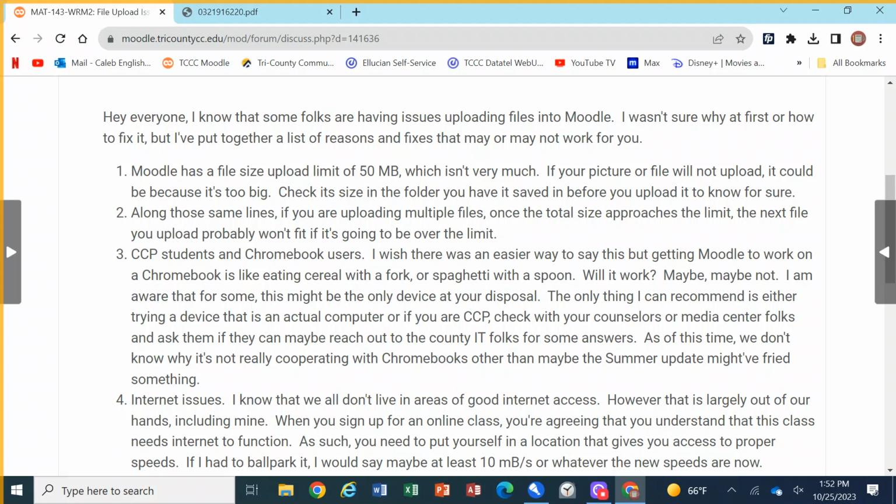Now again, the bad thing about that is that if you put a Word doc into Moodle, for some reason when I pull it up to grade it, it only pulls up the first page. And I don't know why, and I don't know how to fix it, even if you can fix it. But I'll just open up the actual file and look at it then. So putting it in a Word doc should shrink it down somewhat.